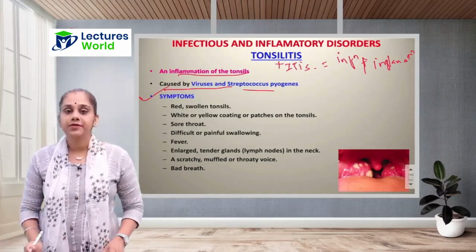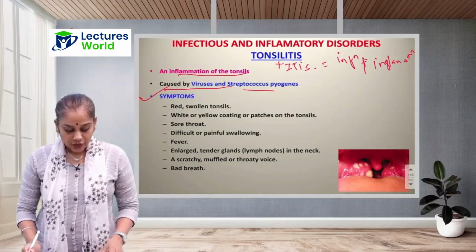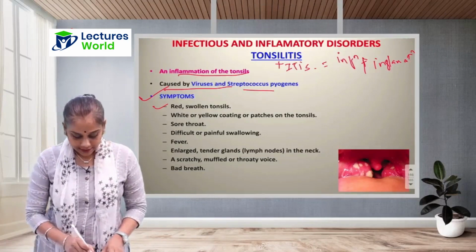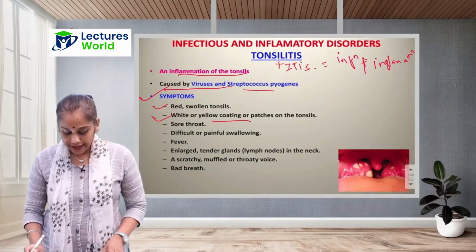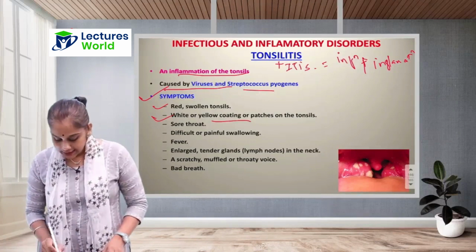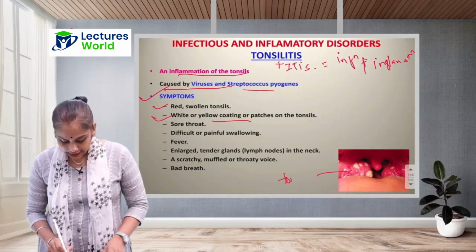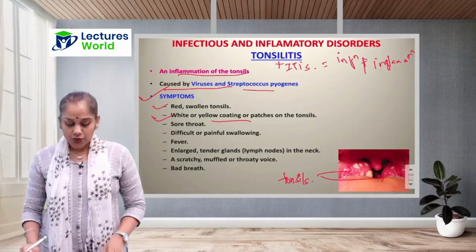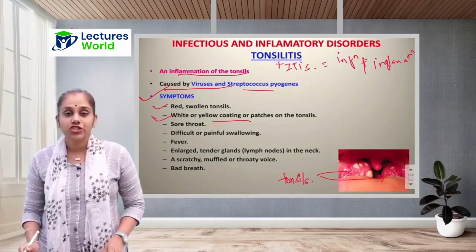Which are the symptoms of tonsillitis? Red and swollen tonsils, and a white or yellow coating or patches on the tonsils. You can see in the figure how it looks. The tonsils are red and swollen.